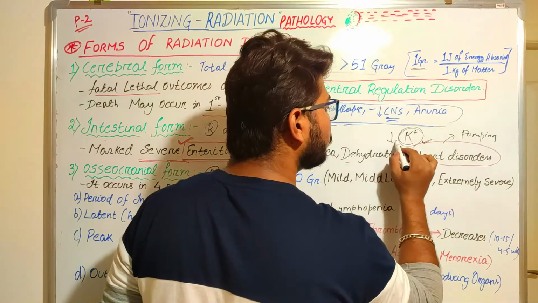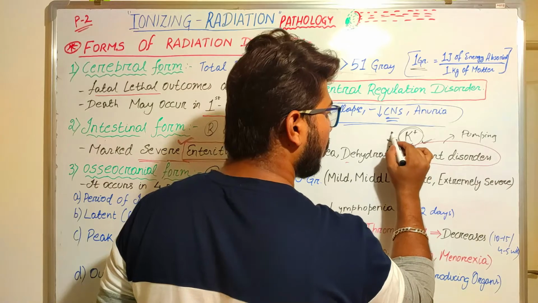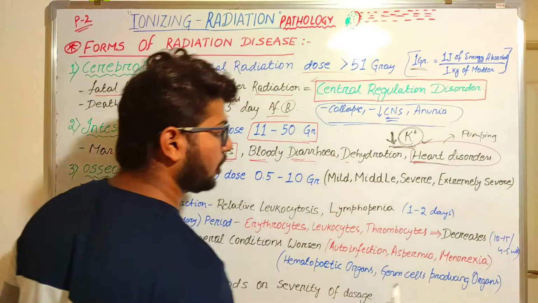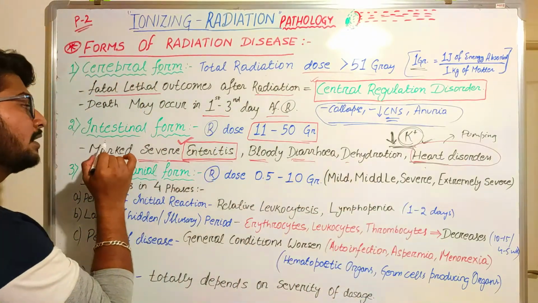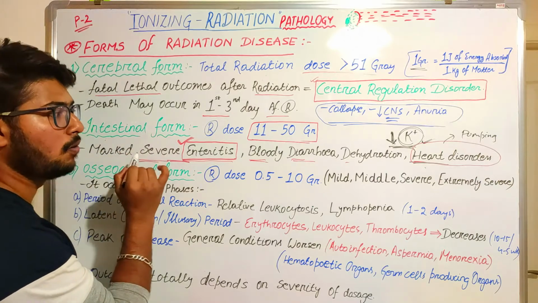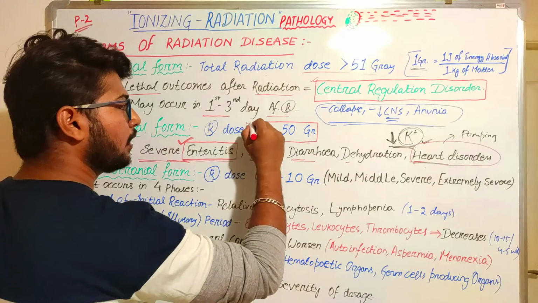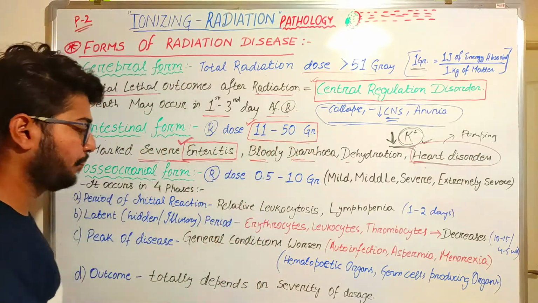It depends totally on this potassium ion. If its quantity in our body decreases, obviously a heart disorder will occur. That is the reason why heart disorder is related to this intestinal form, which occurs when the radiation dose is between 11 to 50 gray.